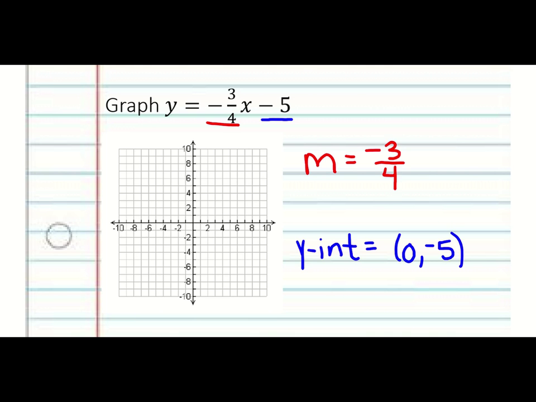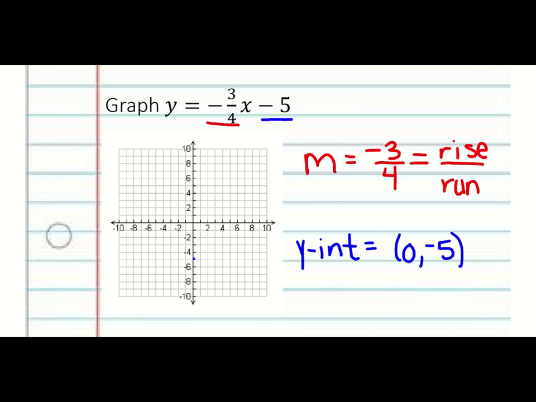When we graph, again, you start at the y-intercept. On the vertical axis, which is called the y-axis, we're going to plot a point at -5. So right there on that vertical line. And then we need to count our slope. Our slope, again, is your rise over your run. So I need to rise -3 and run +4.